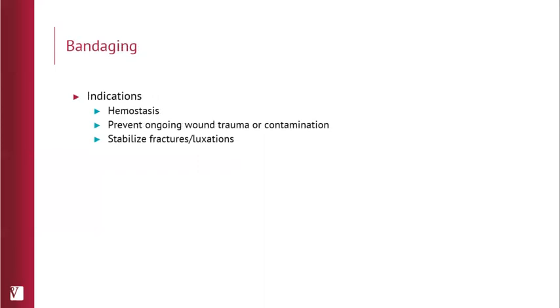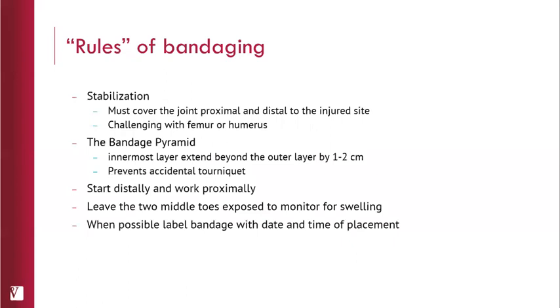So, bandaging. Obviously, it's part of what we use to achieve hemostasis, and it's what we use to try and help protect wounds from any ongoing injury or contamination. We can also use bandages to stabilize any fractures or luxations that these patients might have thanks to their traumatic injuries. So there are some rules of bandaging that we often think about.